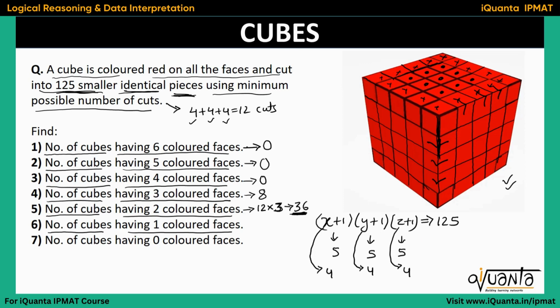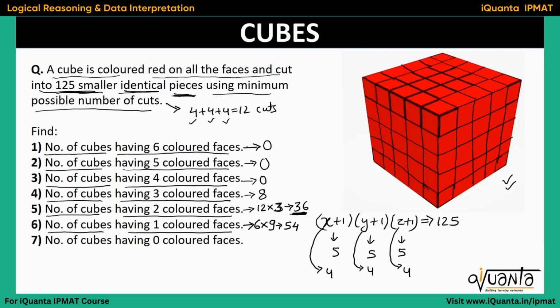So in one face we can see that we have 9 such cubes that have 1 face colored, and we know that in a cube we have 6 faces and each face is giving us 9 such cubes. So there will be 54 total cubes that have 1 face colored.